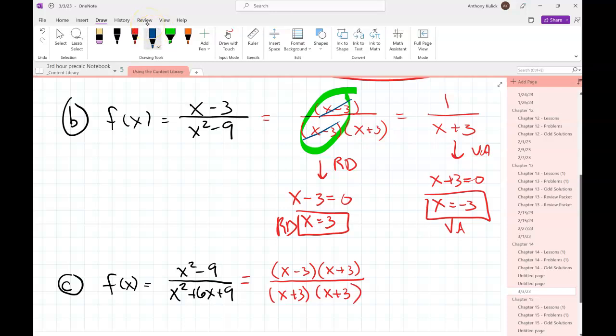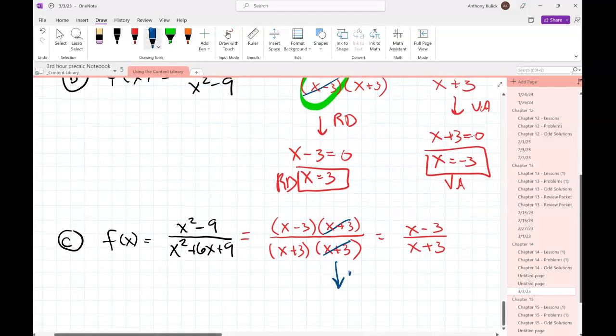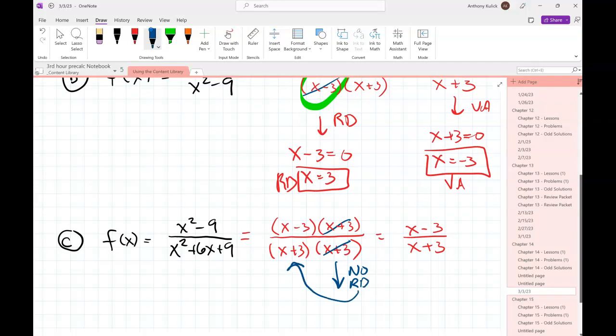Anything to reduce? We can reduce an x plus 3, right? Now notice, when we do that, what's left? I have x minus 3 over x plus 3. Did I get rid of all the x plus 3's? So there's no removable discontinuity because I still have x plus 3's left in the denominator.